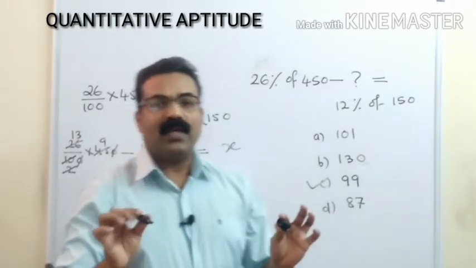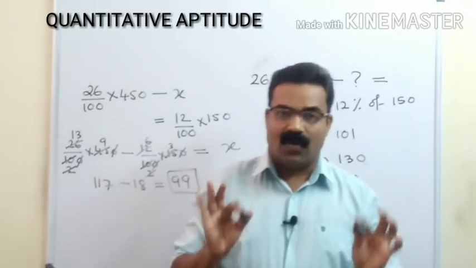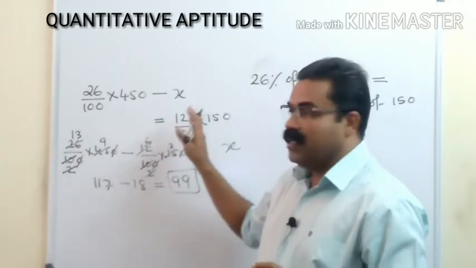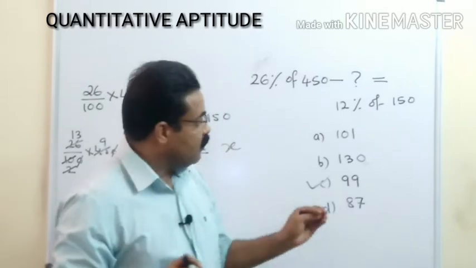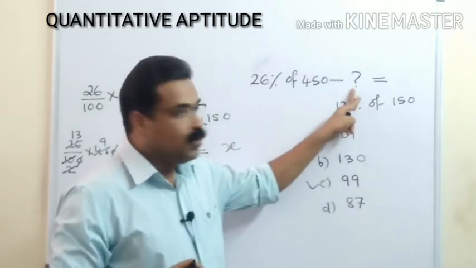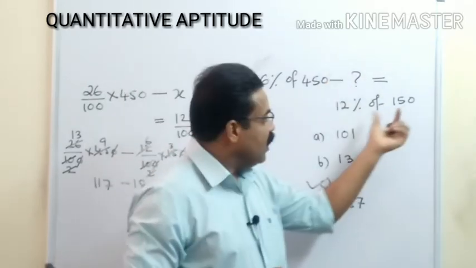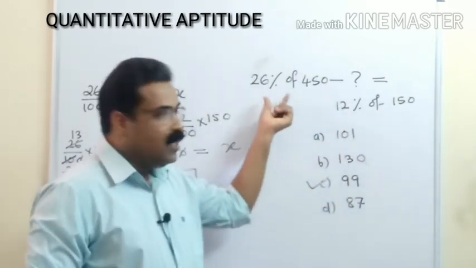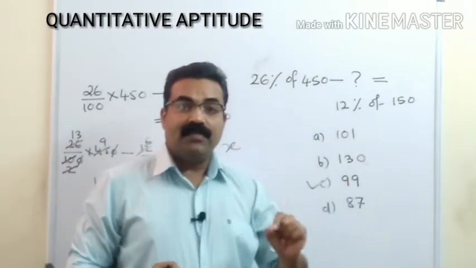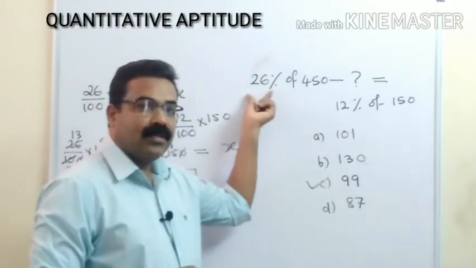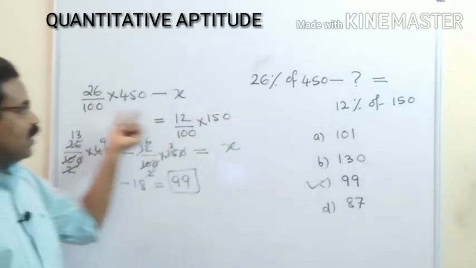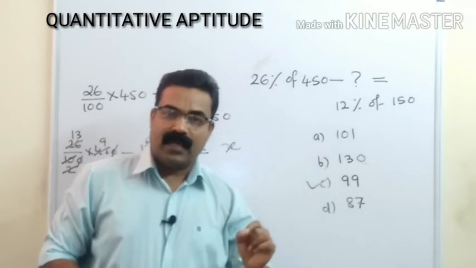So what we need to note, students, is that it is simplification only. Questions are given and we need to find out what answer will come in place of the question mark. So you take this question mark to that side and take this number to this side and just simplify it. While simplifying, percentage will come in terms of divided by 100 and of will be multiplication.